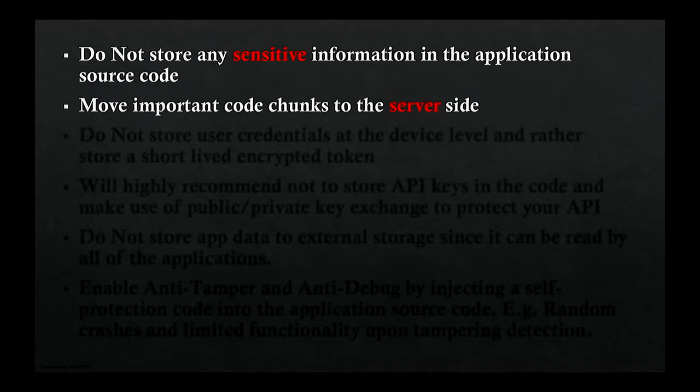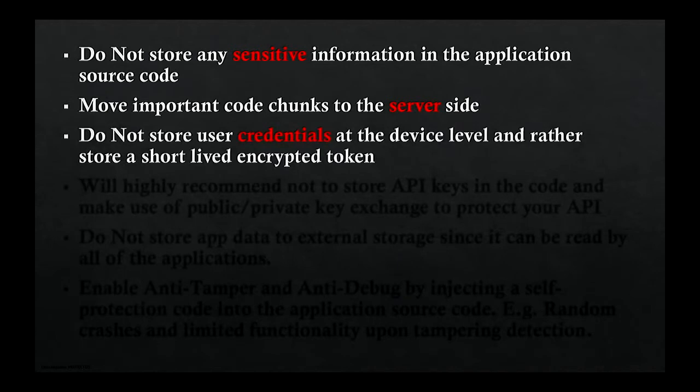If you really want to use your application for some critical functionality, just move that critical code from your app to your backend server, because then at least if someone managed to compromise your application, they won't be able to see that sensitive information. But then again, moving that code to the server side has its own impact in terms of performance, so you have to be very smart about it when you choose to do this.